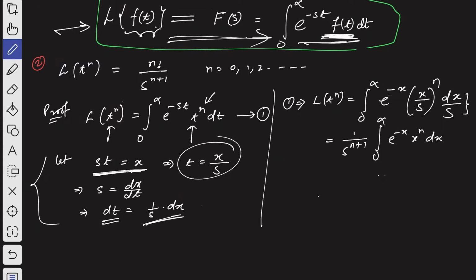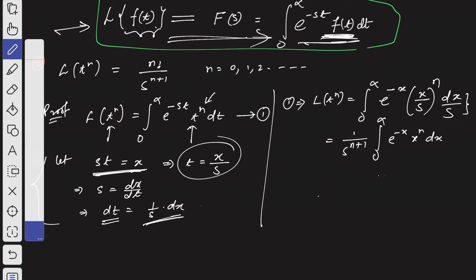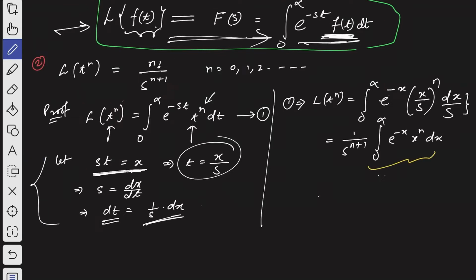Now remember one thing, remember this result, remember this one as formula. This integration 0 to infinity e to the power minus x dot x to the power n dx is equal to factorial n. Remember this one as a formula, right?